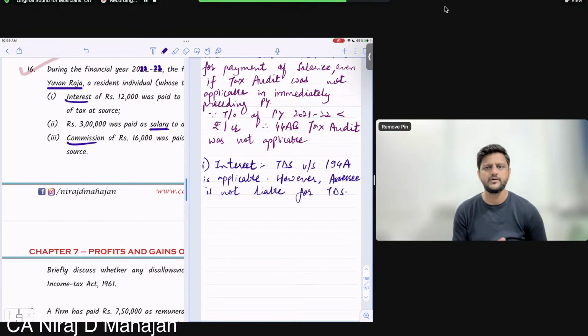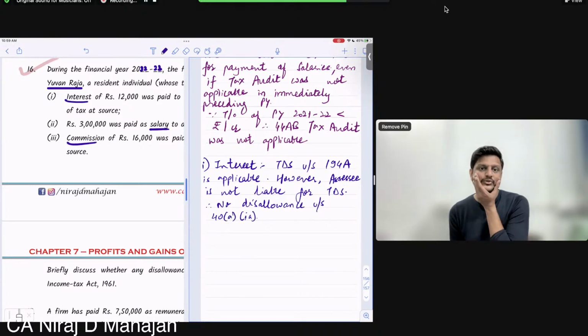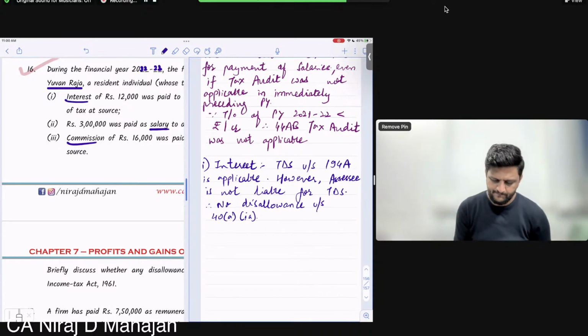There was no deduction, so is there any disallowance? No disallowance, no problem. Therefore, no disallowance under section 40A(1a). Right? All of you? Fine? Second.